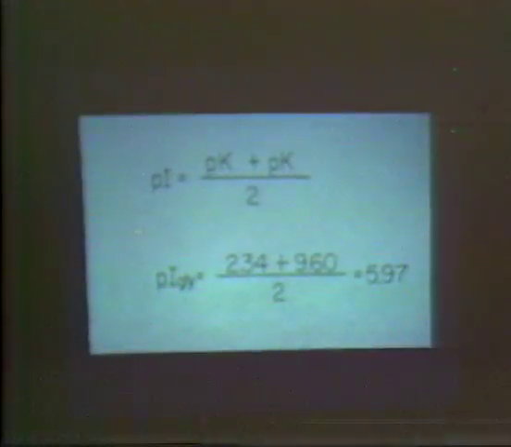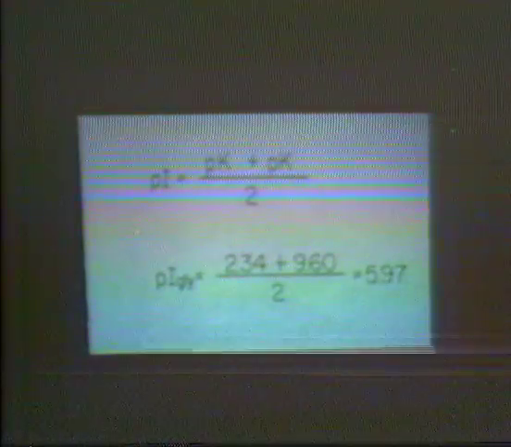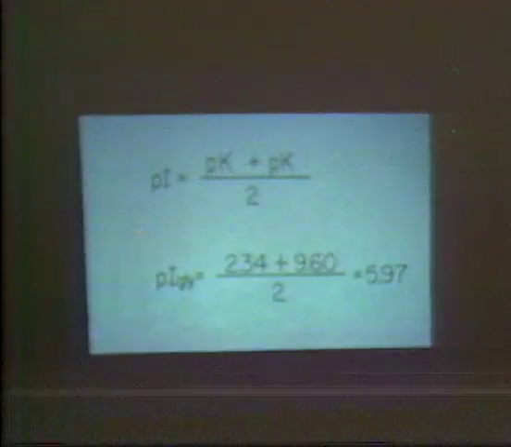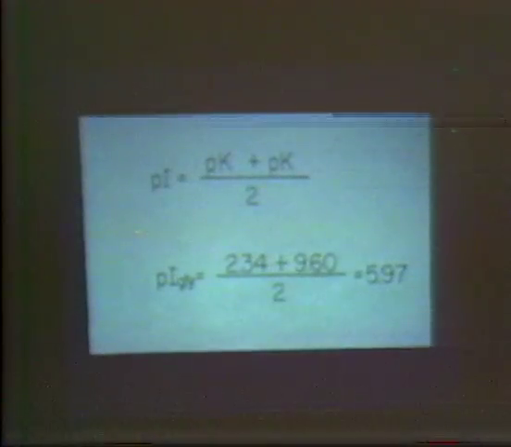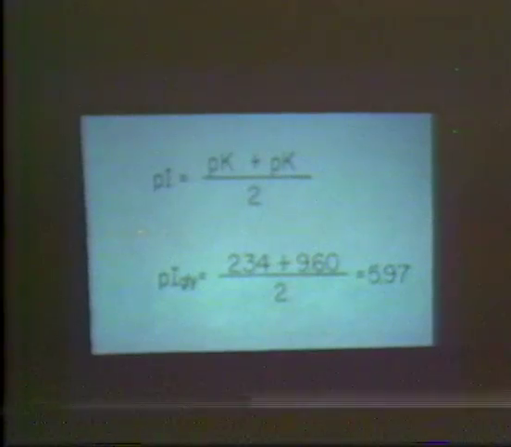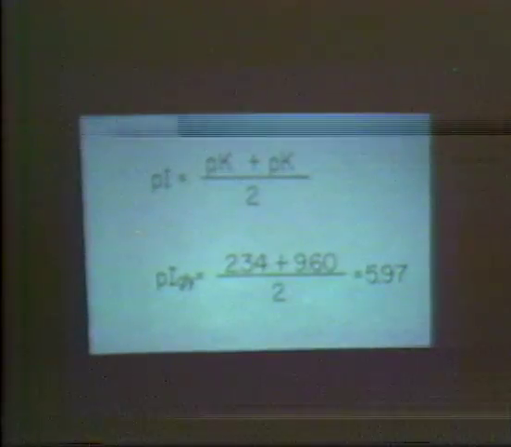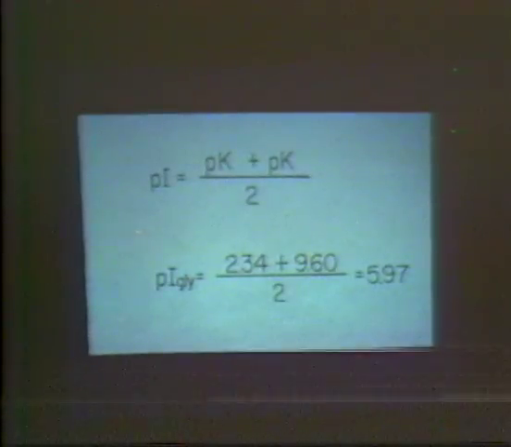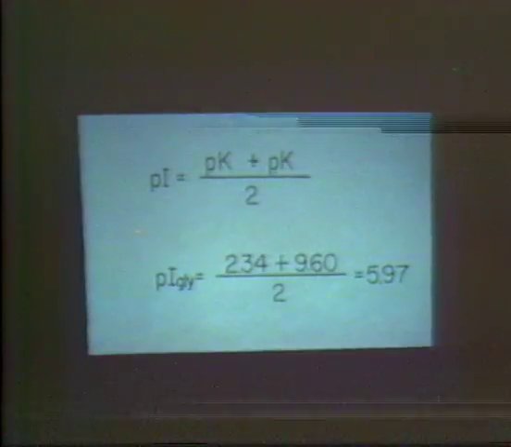This value can be calculated. It's the average of the 2 pK values for the dissociations of the 2 weak acids, which can be found as various ionic species of glycine. Accordingly, the pI for glycine is 5.97. And this is relatively close to the pI value for other of the aliphatic neutral amino acids.